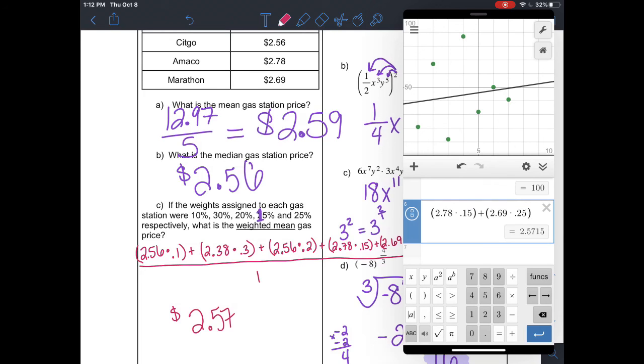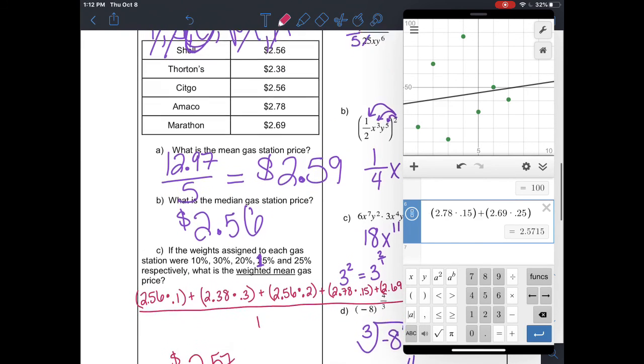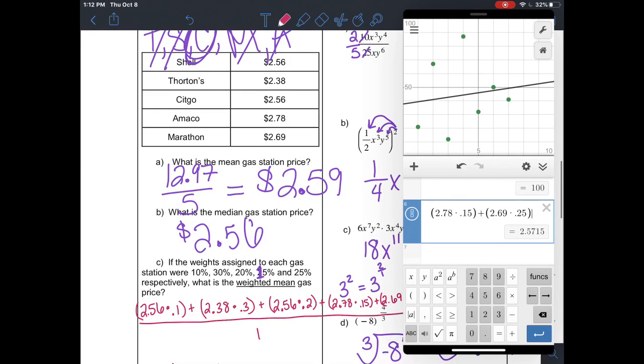Why would we ever use weighted mean for gas price? This would be used if, let's say, in a big city like Chicago, 10% of the gas stations were Shell, and just assuming they all had the same gas price, 30% were Thornton's, 20% were Citgo, 15% Amoco, and 25% were Marathon gas stations.